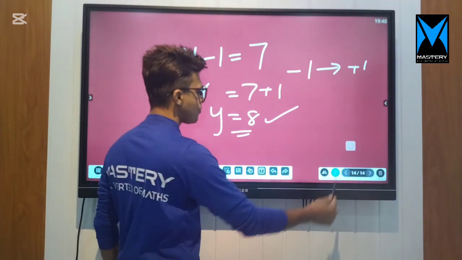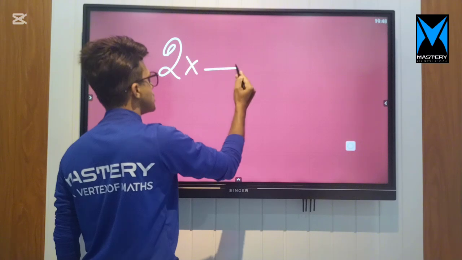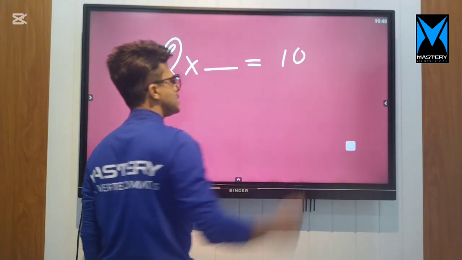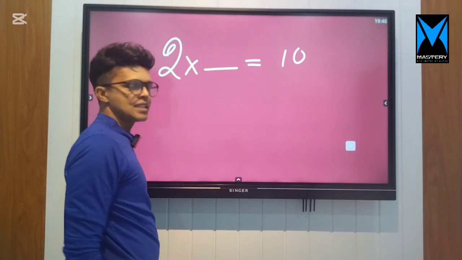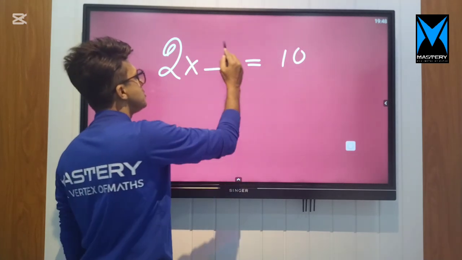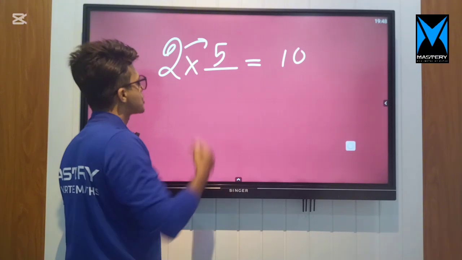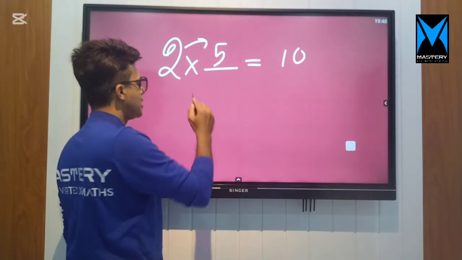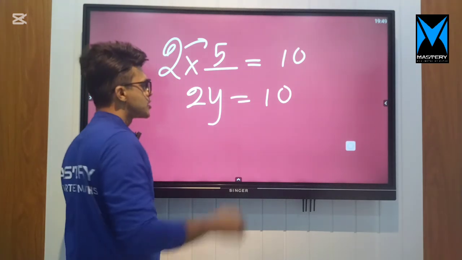So how to do this type of one? Just think of this one: 2 times blank equals 10. What is the digit that you could write here? Here 5. 2 times 5 is 10. Likewise, 2 times y equals 10.